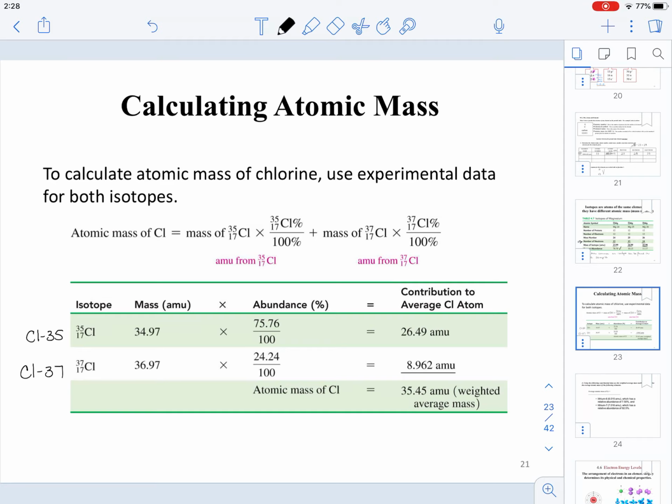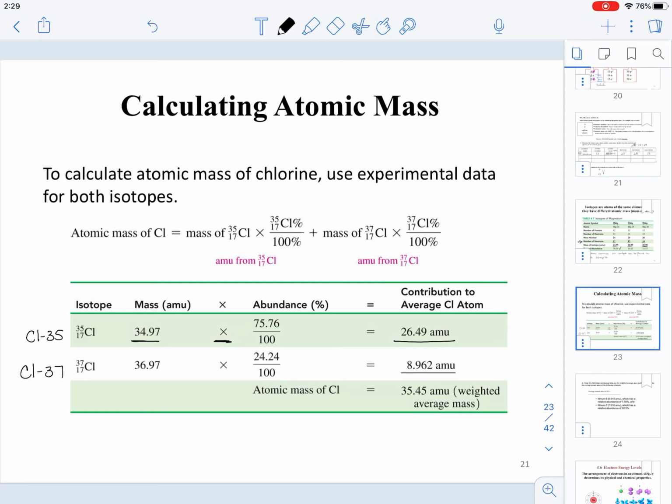So in the method for calculating the atomic mass for a particular element, given experimental data, you're going to take the mass number and multiply it by the decimal conversion of the percent abundance. So the percent abundance, you're just going to divide by 100 to find that value in decimal form. And then you're going to obtain the result. You're going to do the same calculation for every isotope that you have.